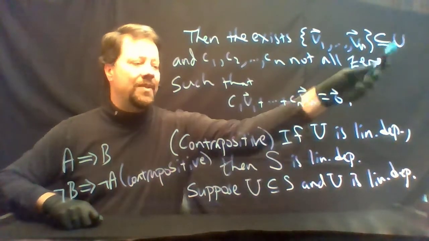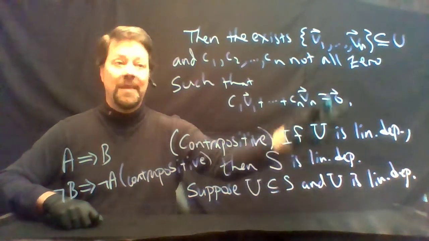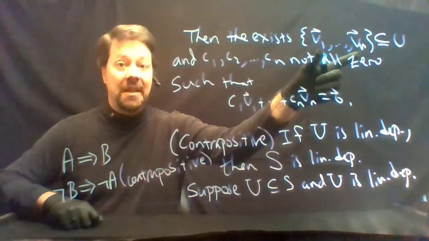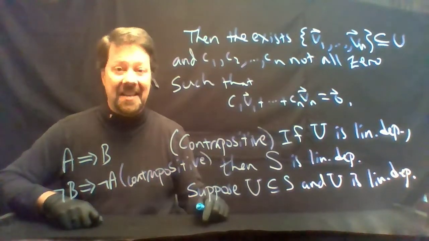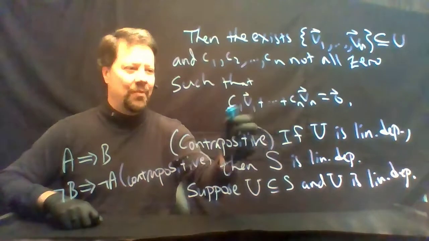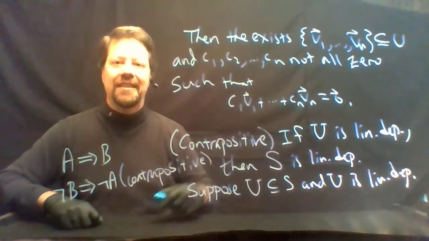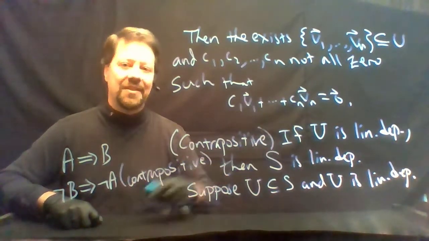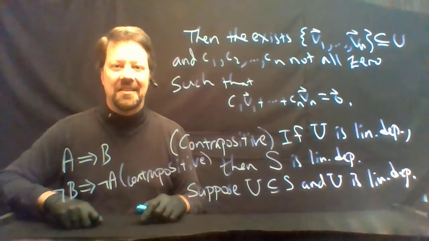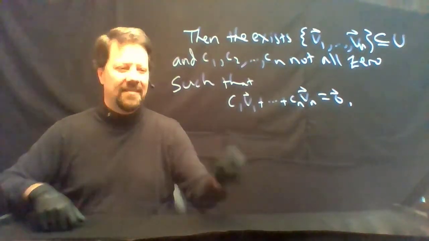But U is a subset of S, which means this collection of vectors is also a subset of S. We have a non-trivial linear combination of vectors in S equal to the zero vector, and that means S is linearly dependent as well.